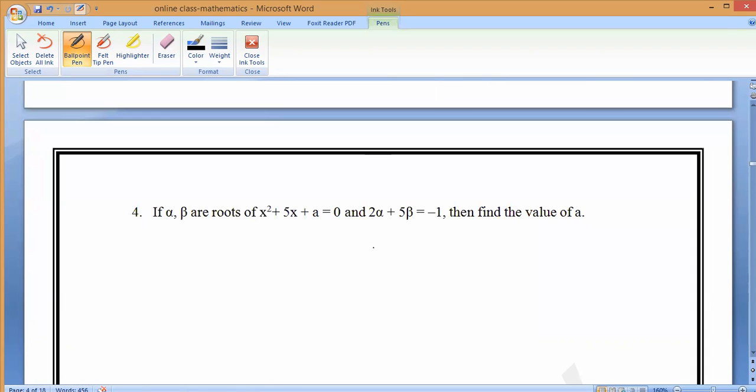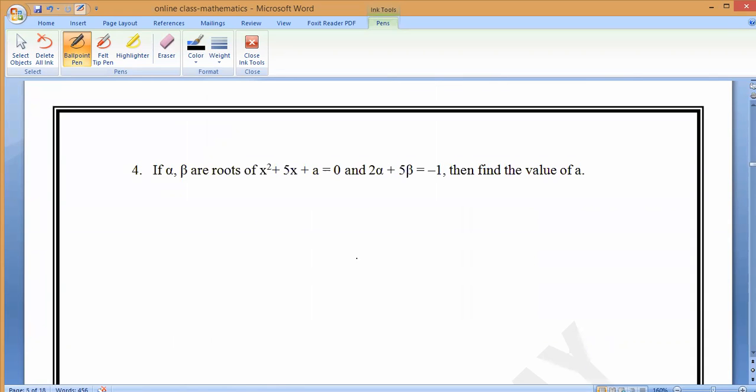Read the fourth question, all of you. If alpha and beta are roots of x square plus 5x plus a equal to 0 and 2 alpha plus 5 beta is equal to -1, then find the value of a. What is the given data? Alpha and beta are roots. Roots means zeros. Alpha and beta are the zeros of the polynomial x square plus 5x plus a equal to 0.